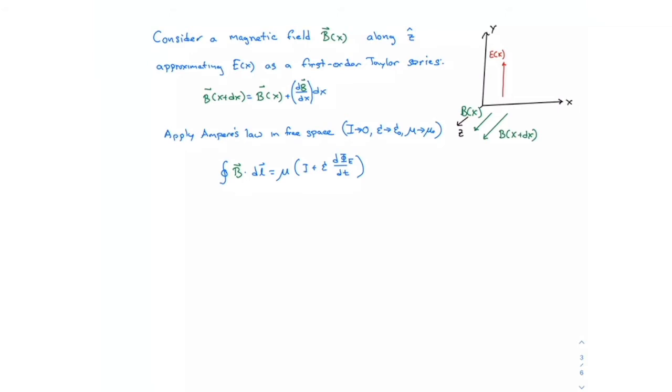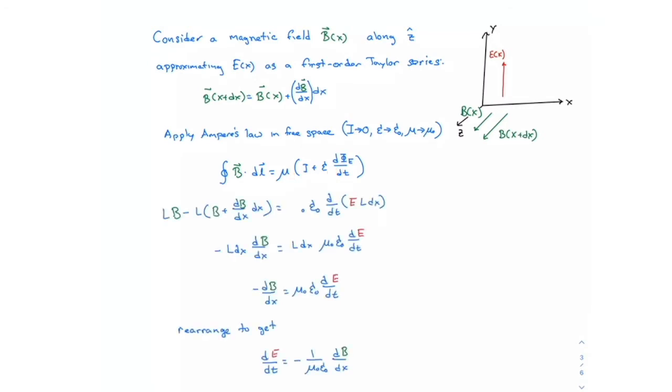In a vacuum, there's no charges, so there's no flow of charges. So I is going to be equal to 0. And epsilon and mu are going to be epsilon naught and mu naught. They're the specific values for the permittivity of free space and the permeability of a vacuum. So what that does is it lets me simplify this a little bit. Like I can get rid of the I, and I can let epsilon and mu go to epsilon naught and mu naught.